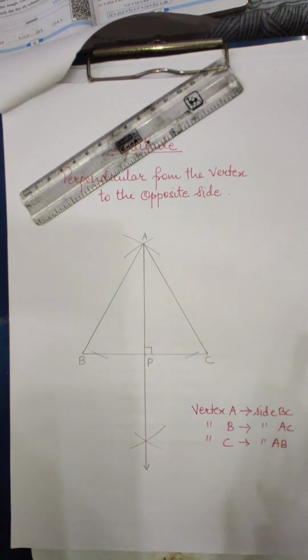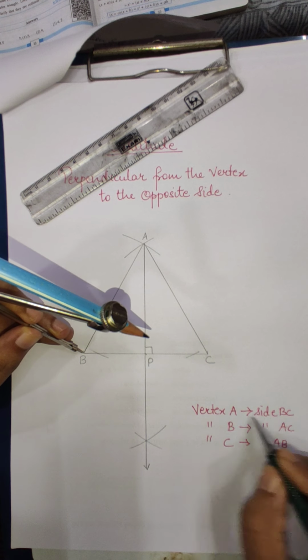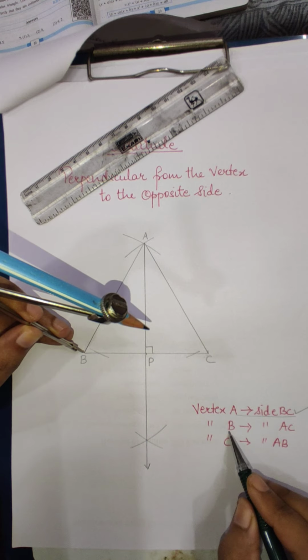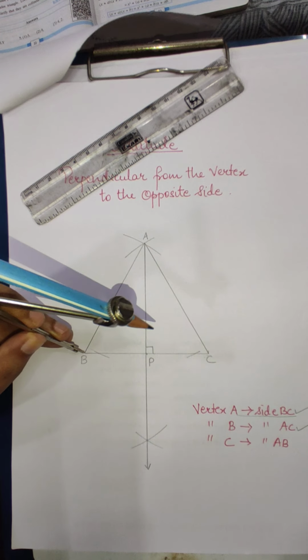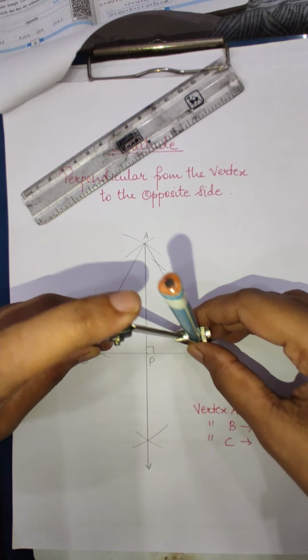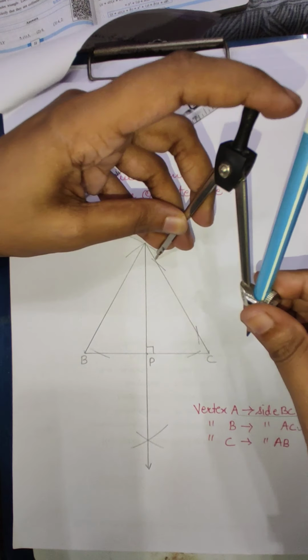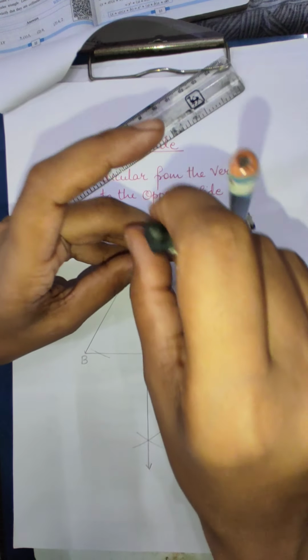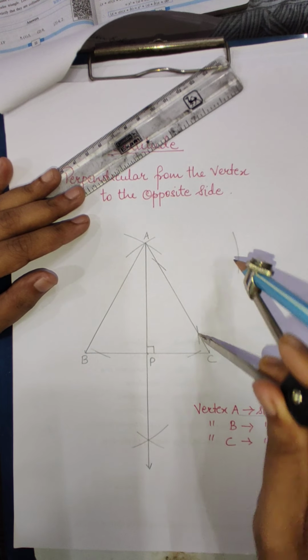Similarly from vertex B. Now we have completed side BC. Now let us see for vertex B to AC. So I am taking on point B. Again I am making appropriate arcs. Then take the appropriate distance. Make an arc this side from this arc.